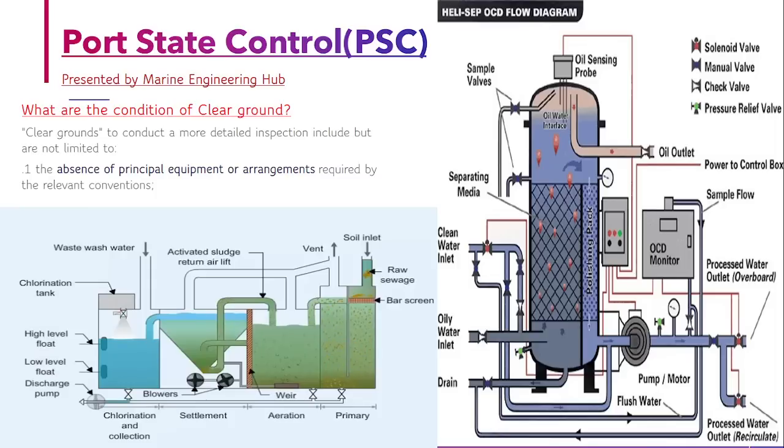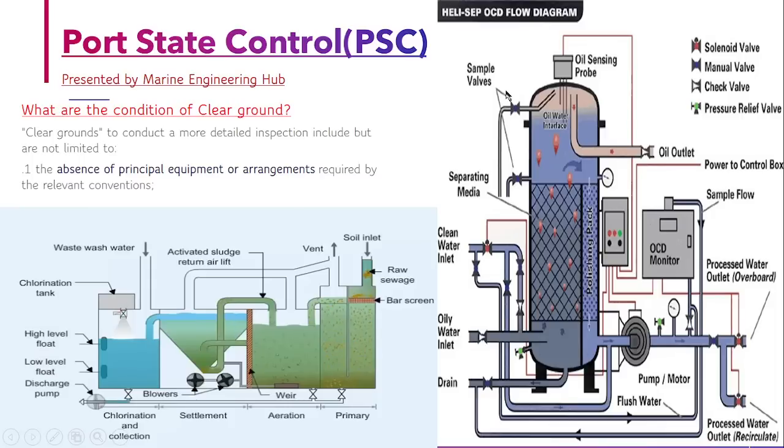So let's see what the conditions are based on which you can be subjected to more detailed inspection. The first thing is absence of a principal equipment or arrangement. So what do I mean by principal equipment? Suppose your ship doesn't have an OWS, and as per MARPOL regulation you should have an OWS. It means that one of the principal equipment, the oily water separator, is missing.